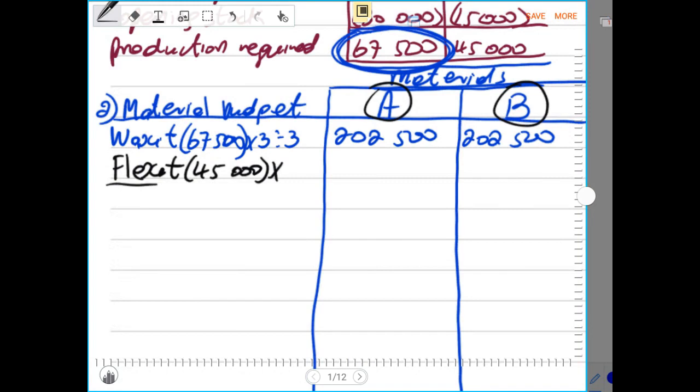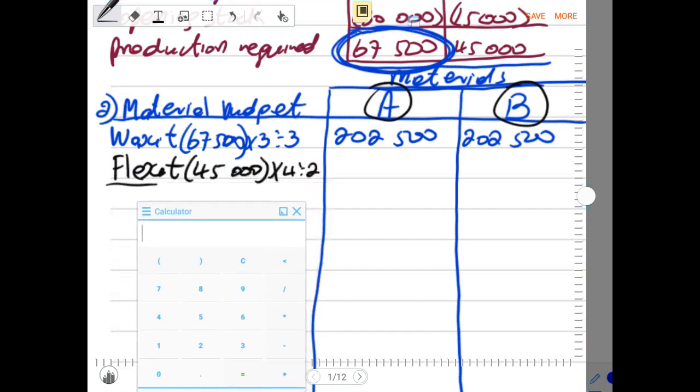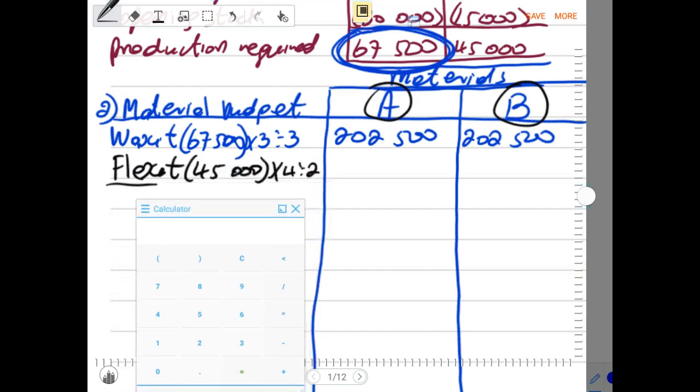That is why we'll multiply this by 4 and also multiply it by 2. So how many kgs of material A are needed to manufacture product Flexit: 4 kgs times the number of units that we want to manufacture, which is 45,000 units.